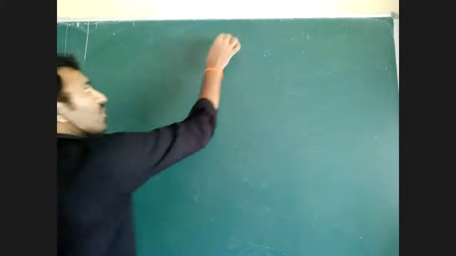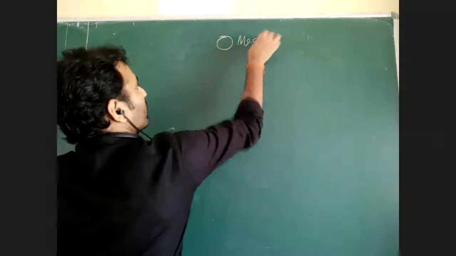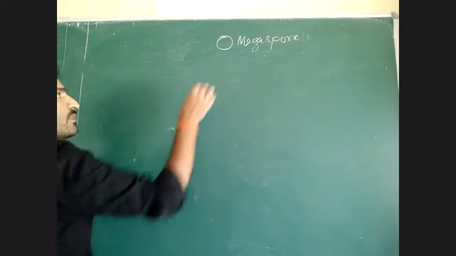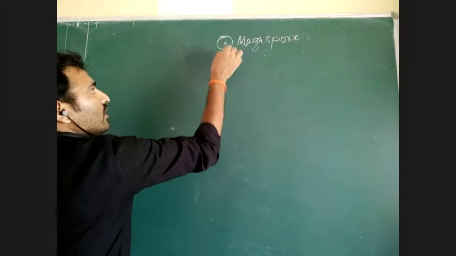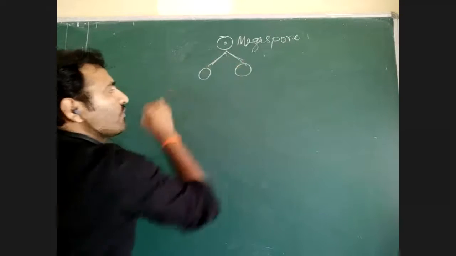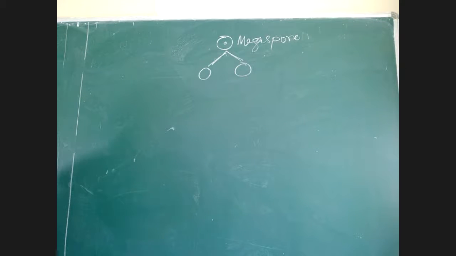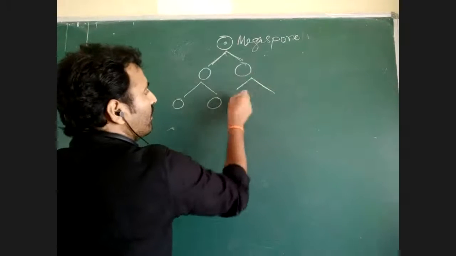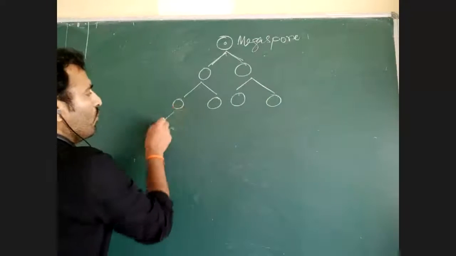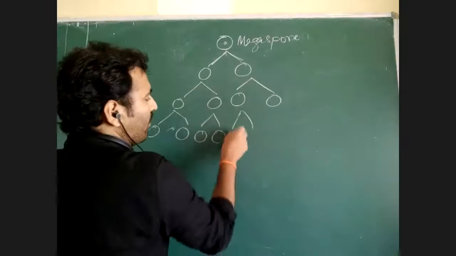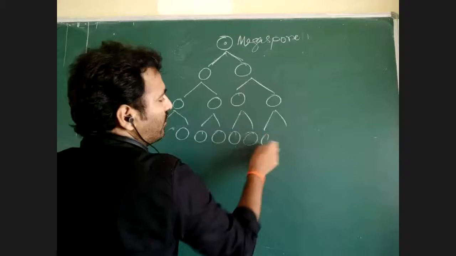See how mitotic divisions are taking place. One functional megaspore is formed. The functional megaspore has one nucleus. That nucleus undergoes one mitotic division and forms 2 nuclei. Those 2 nuclei undergo mitosis and give 4 nuclei. The 4 nuclei again undergo mitosis and form the 8 nucleate condition.